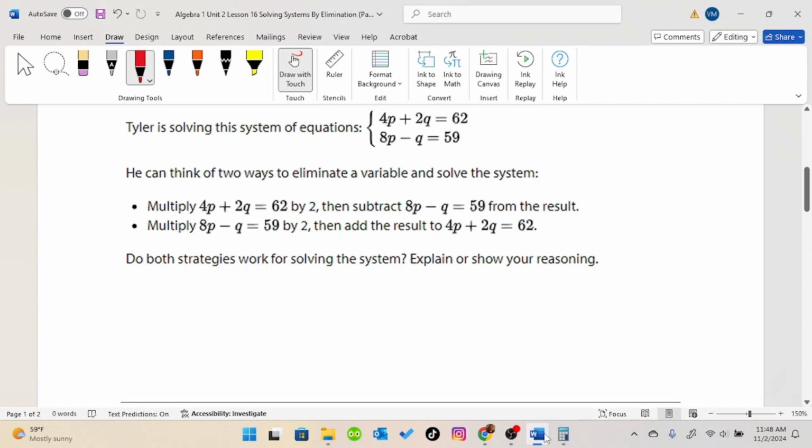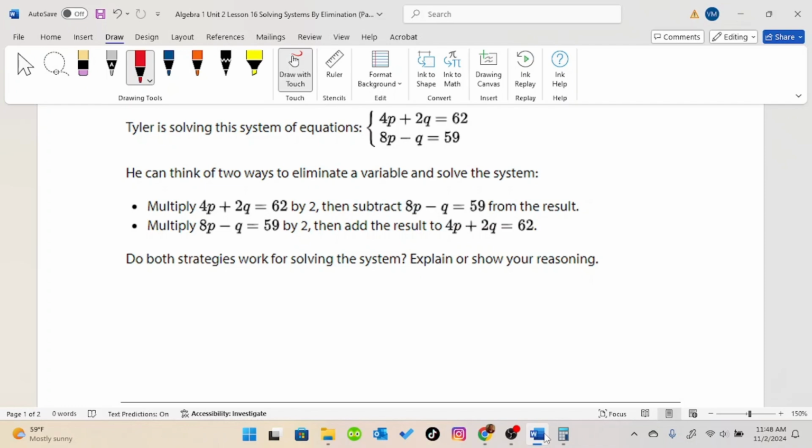Practice problem number 2. Tyler is solving this system of equations. He can think of 2 ways to eliminate a variable and solve the system. Multiply 4p plus 2q equals 62 by 2, then subtract 8p minus q equals 59 from the result.